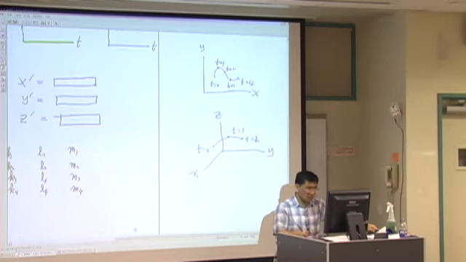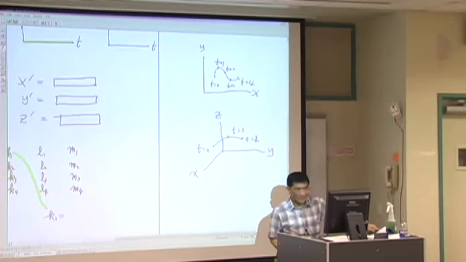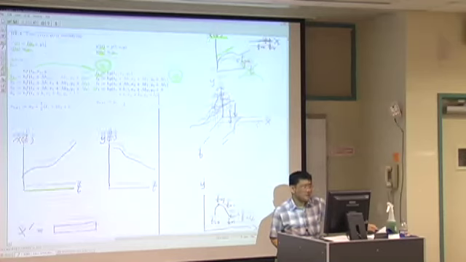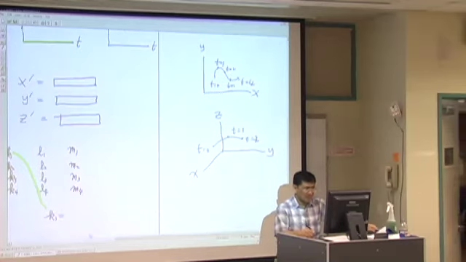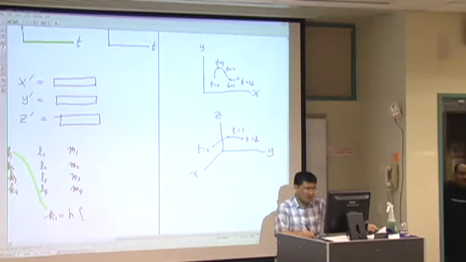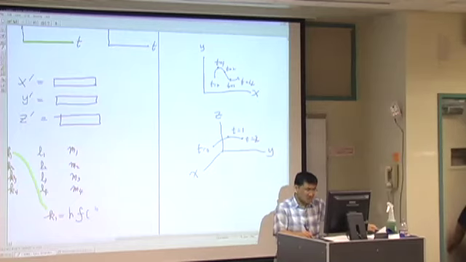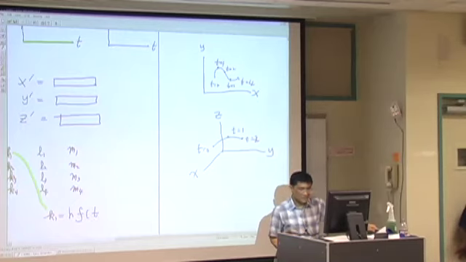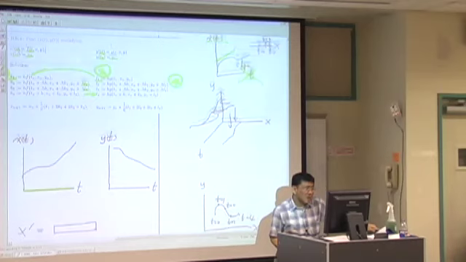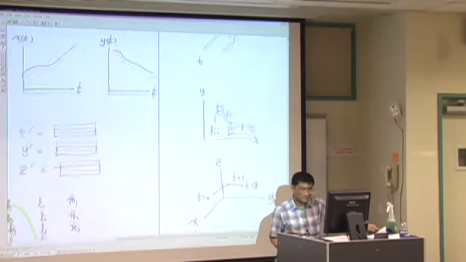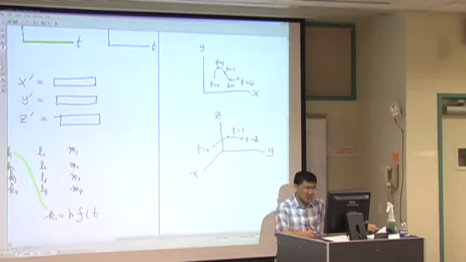So K1 should be equal to what? If we follow the same notation, K1 equals h times f of tn, xn, yn, and zn.